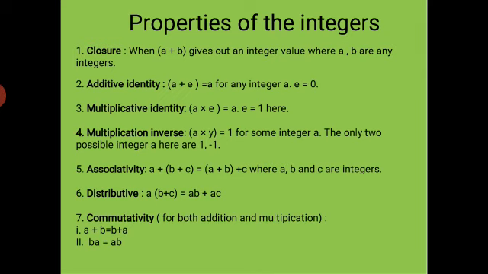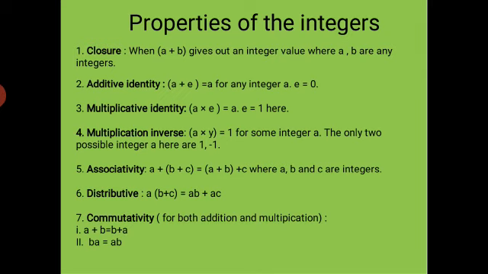At the same time, if you also multiply two integers and the result becomes an integer, then we also term the property as being closed. So it all falls under the closure property. Second, additive identity. When you take any integer a, there is a unique element e, such that when you add that e to a, you get a back.